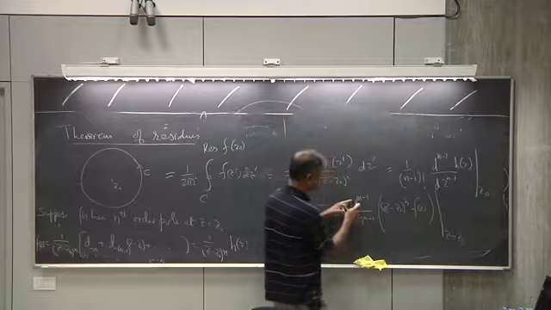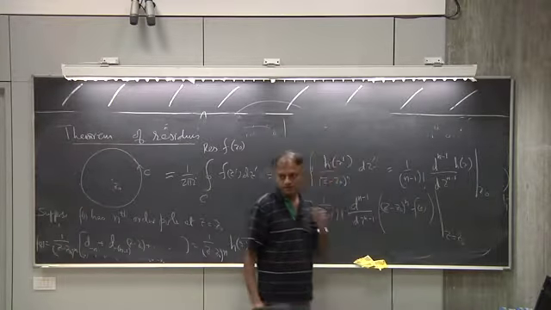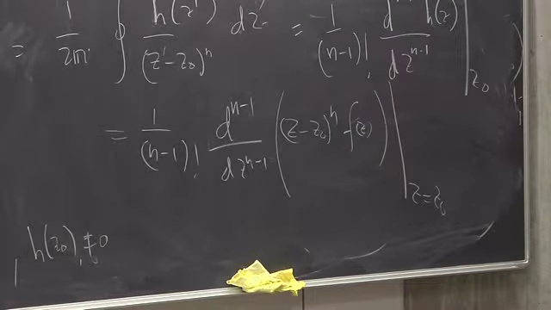So you take n minus 1 derivatives of this quantity and then evaluate that at z equal to z0. This is the recipe for a function which has an nth order pole at z0.